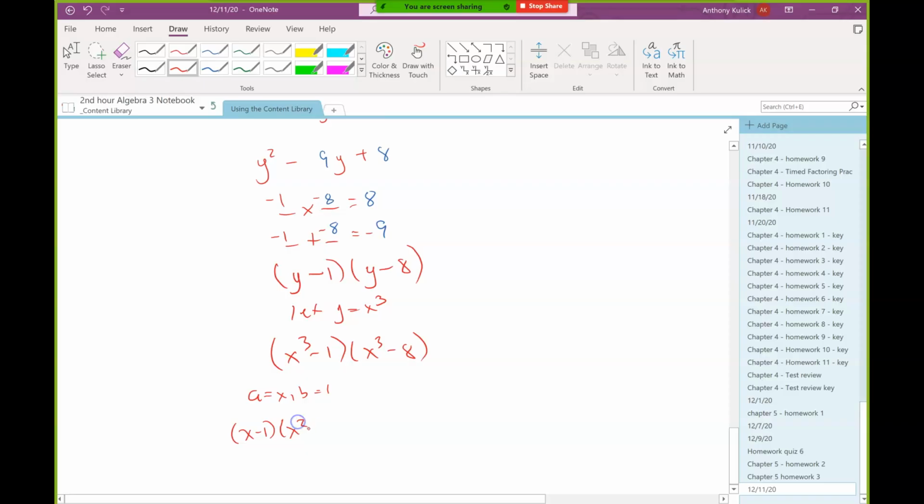So when I apply my difference of two cubes formula here, I get this. Any questions so far?